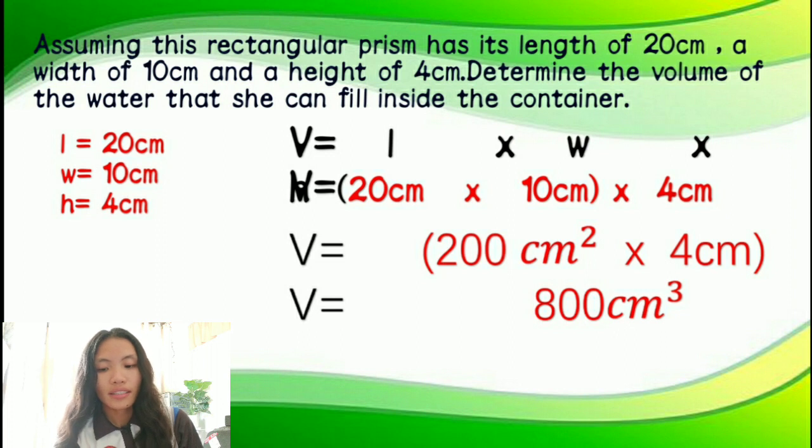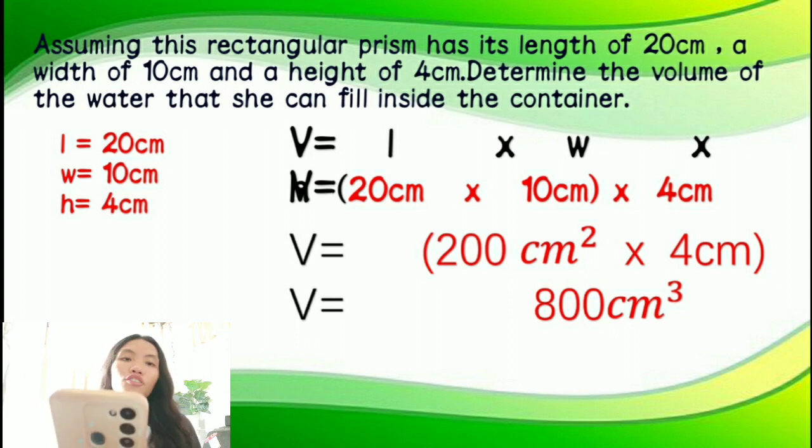So, multiply the length and width first. 20 centimeters times 10 centimeters is 200 centimeters squared. Times the 4 centimeters, which is the height. So, in order to get the correct volume of the rectangular prism, multiply 200 centimeters squared times 4 centimeters equals 800 centimeters cubed. You might wonder why it became cubed.